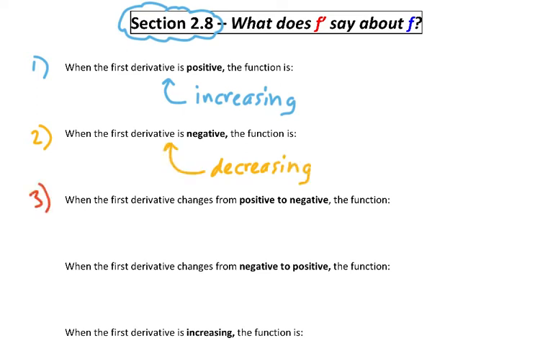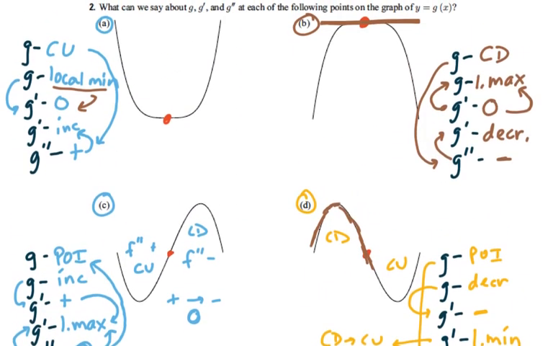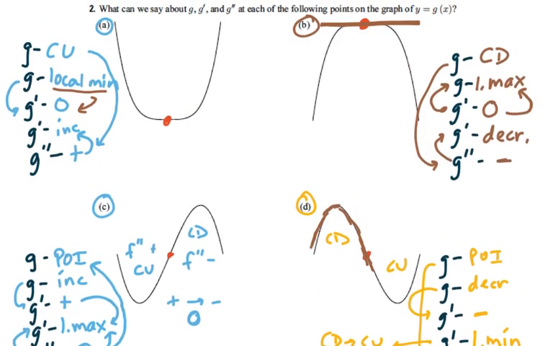Number 3, when the first derivative changes from a positive to a negative, and that was over here on this page up on the top, part B. If you notice, I went from very positive slopes, I hit 0, and I went to negative. And because of that, what did I have right in between?